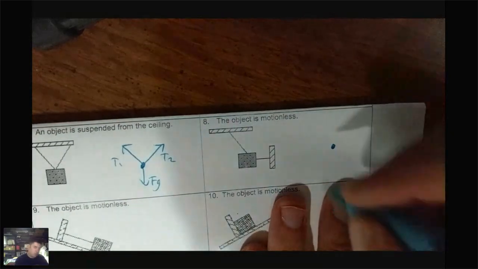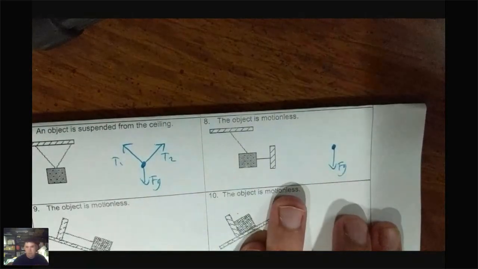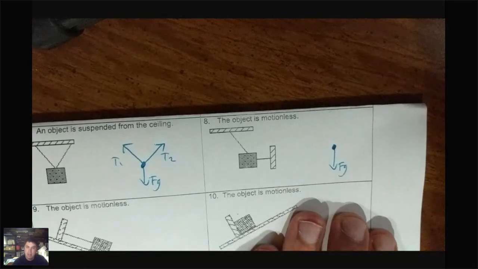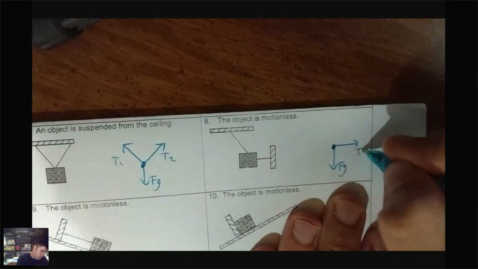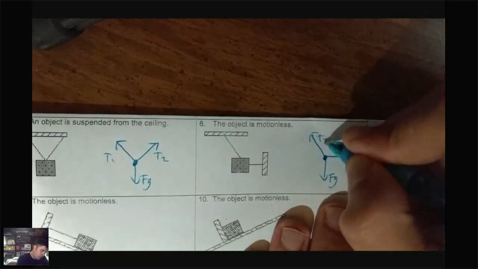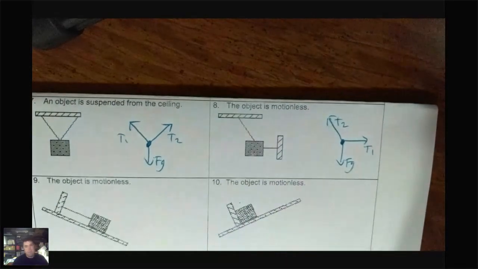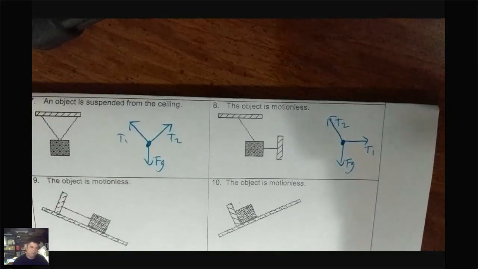So I'm going to start with, there must be gravity pulling down on it because gravity pulls down on everything. Then I've got 2 tensions. One going to the right, I'll call that one T1, and one going off this way that I will call T2. Again, if you flip-flop your T1 and T2 or call it TA and TB, TH and T not H, the options are up to you as far as that goes.